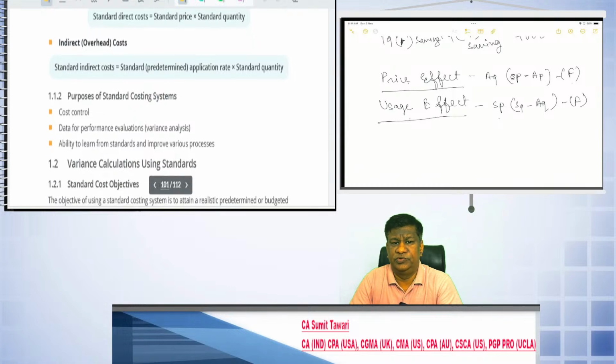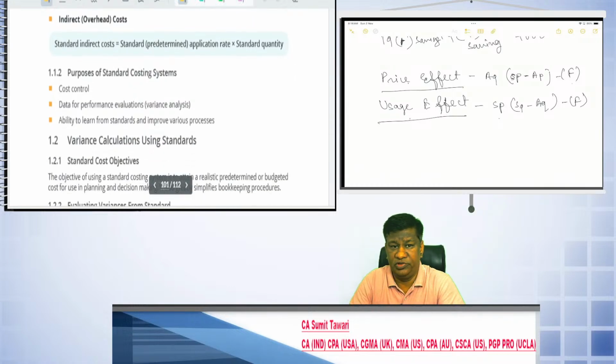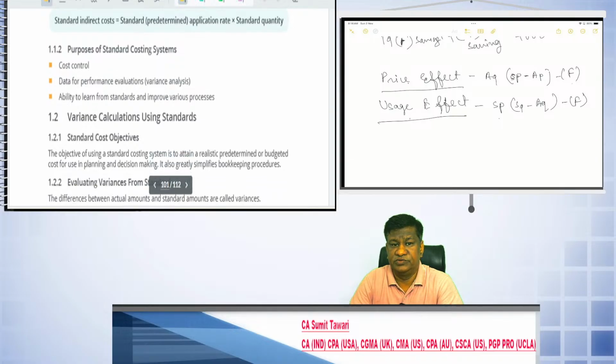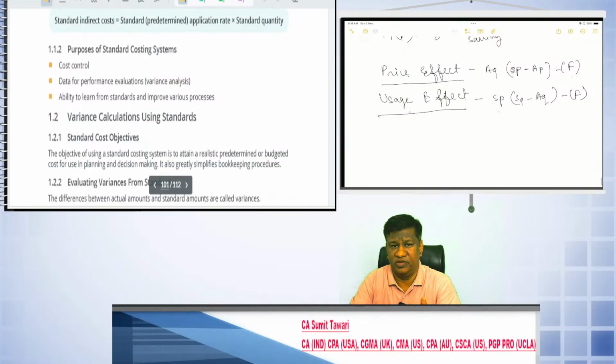So this way we need to do all the calculations. First, the purpose of a standard costing system: we need to control the cost, get data for performance evaluation, and have the ability to learn from the standard and improve the various processes. The basic reason is that we need to know why we are in a positive situation or a negative situation, and what we need to do.